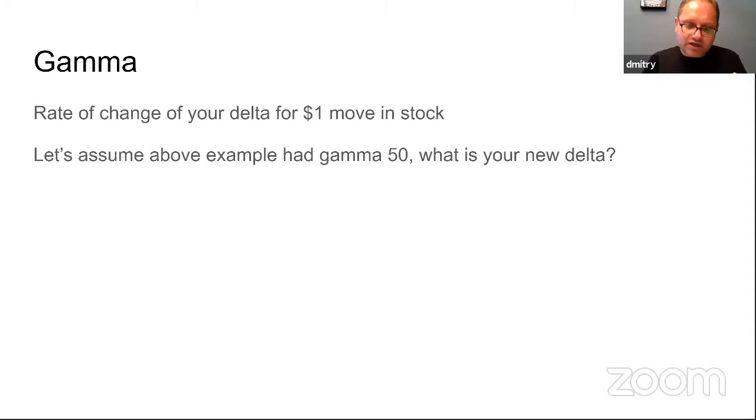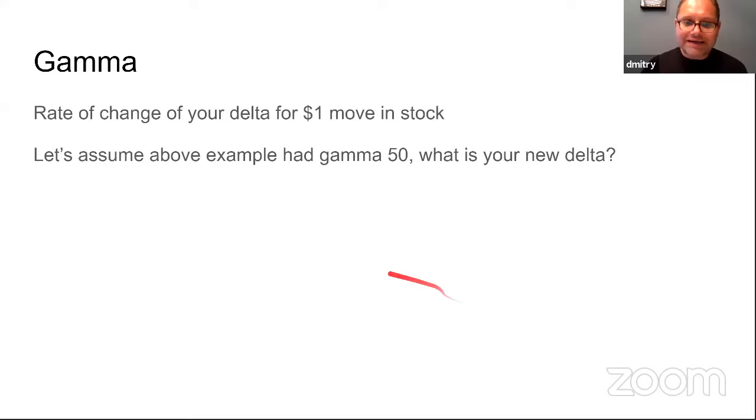If you started out at 20, if the stock is moving higher, closer to that strike, then your deltas are going up. If the stock is moving lower, further away from that strike, then that option delta is moving down. Your deltas are going to be changing as the stock is moving. So your gamma tells you your rate of change in that delta.